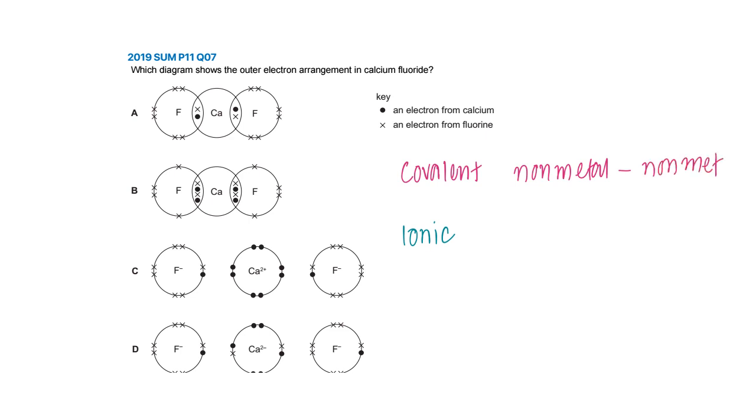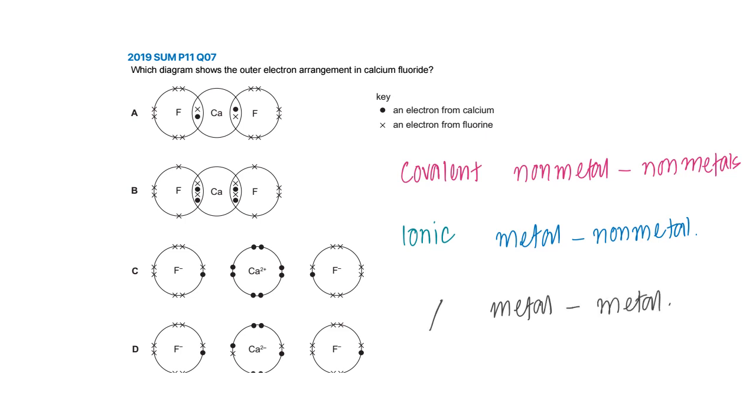No exceptions. Whereas ionic only occurs between a metal and a non-metal. What happens between a metal and another metal? Nothing really, right? This does not exist.